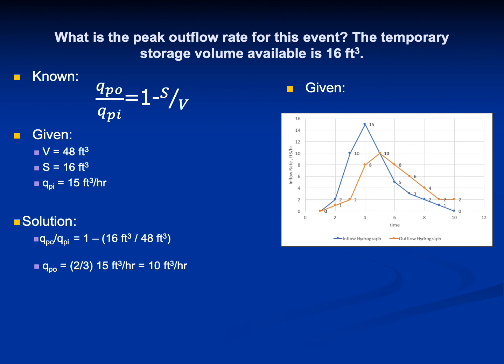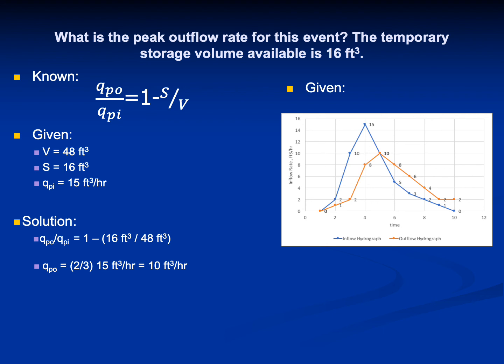Let's finish our earlier example to find the theoretical peak flow rate reduction for this scenario. In this case, we are given the outflow hydrograph, shown in orange, so we don't really need to estimate the peak flow rate. We are doing this for illustration purposes. So we know that the outflow rate equals the inflow peak times 1 minus the ratio of storage to inflow volume. We know from our previous calculation that the inflow volume is 48 cubic feet.